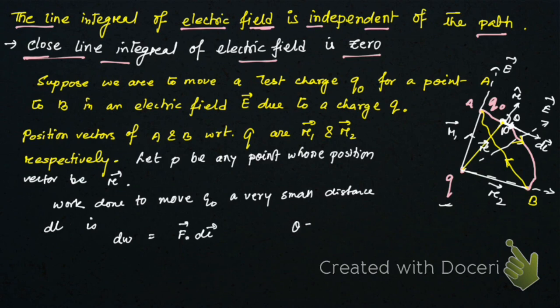Suppose theta is the angle between r cap and dl vector. Before that, let me tell you one more thing. Let me go to the next slide and copy this last expression.